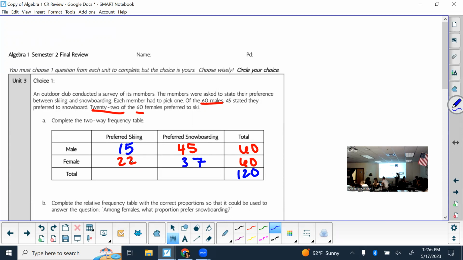Does that add up to 60? 38. Oh, right, the data? Oh, okay. Yeah, I meant like total, like the total preference. 37, gotcha. And then what's in here? Good. Yeah. Okay, so yeah, you need that info.